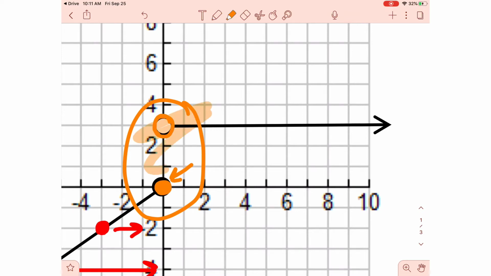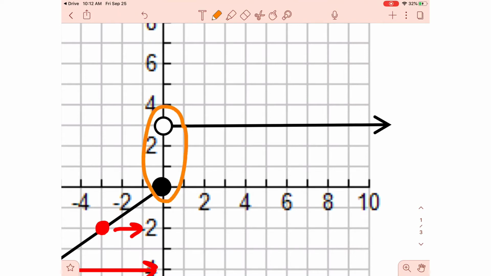Well, the answer comes from where the circle is closed. In a piecewise function, okay, whenever there is a jump like this, one of the points will be a closed circle, like the one down here. And the other point will be an open circle, like the one up here.